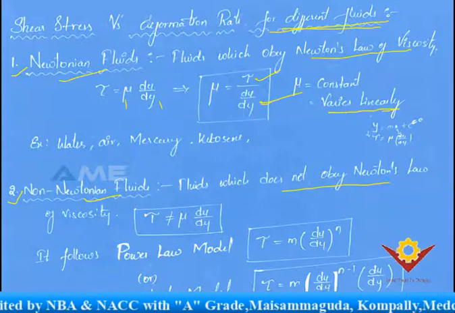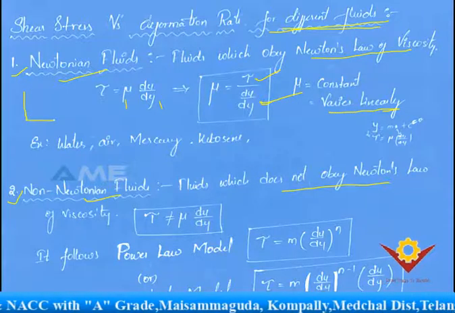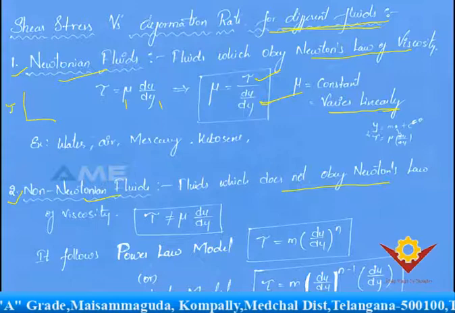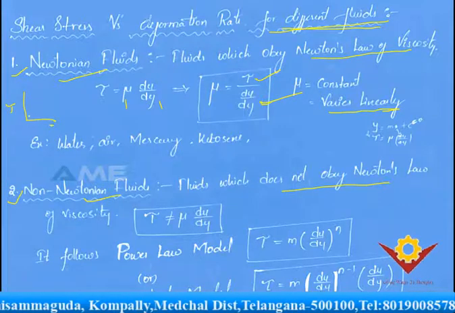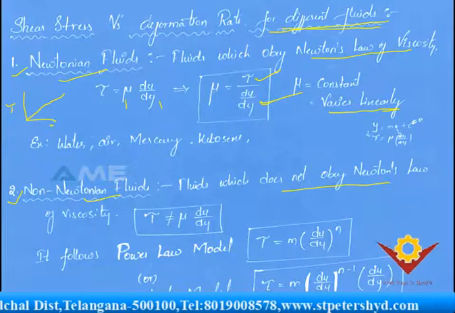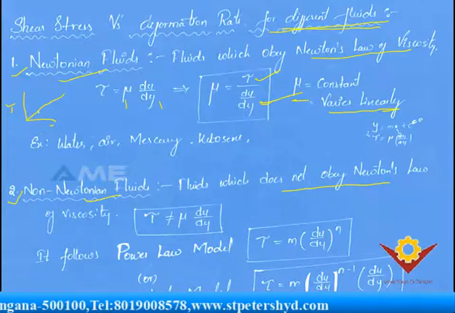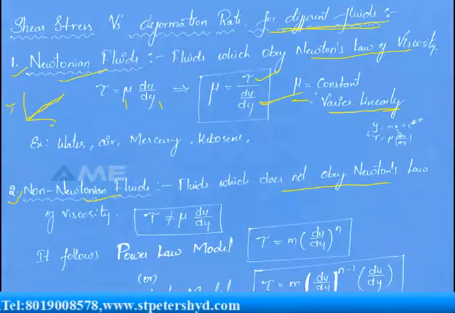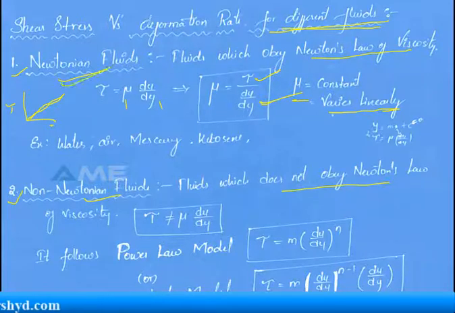That means if you draw a graph of tau versus du by dy, you will get a linear graph. Okay, so the slope mu is constant. So for Newtonian fluids, the graph is linear. That means it varies linearly.